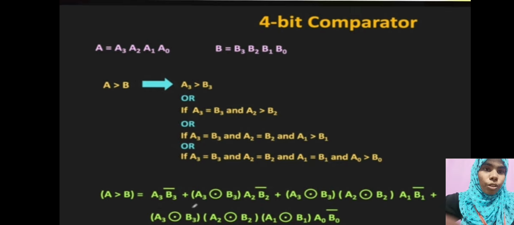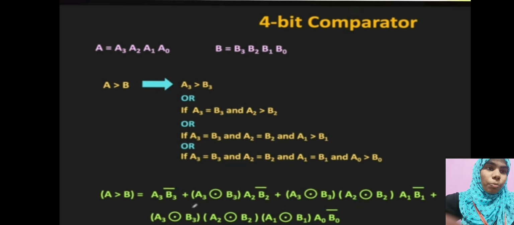So we replace A3 equals B3 with A3 exclusive NOR B3 in A2 B2 bar, where A2 is 1 and B2 is 0.